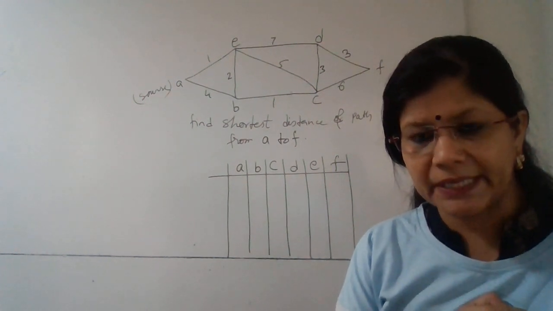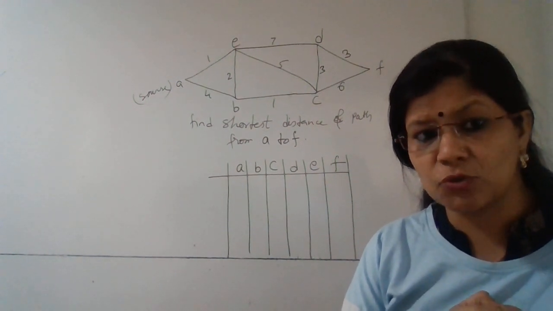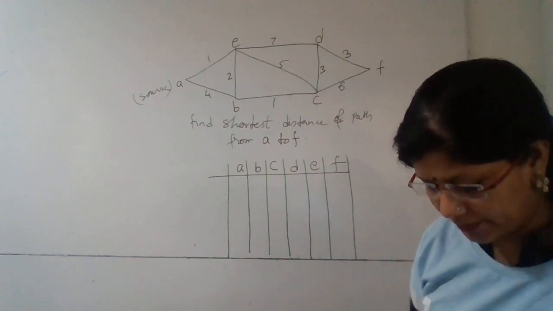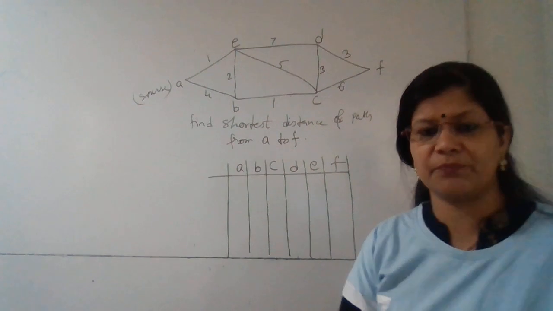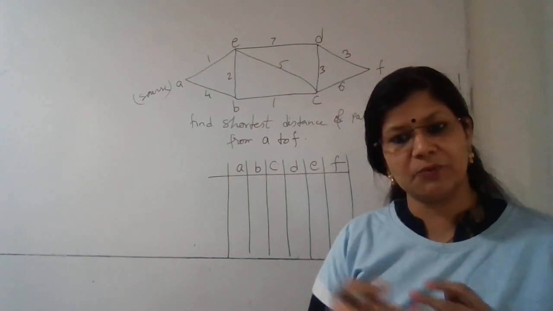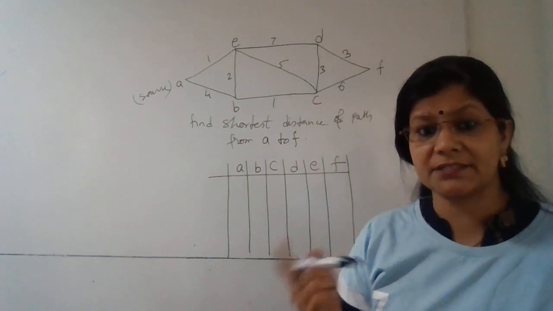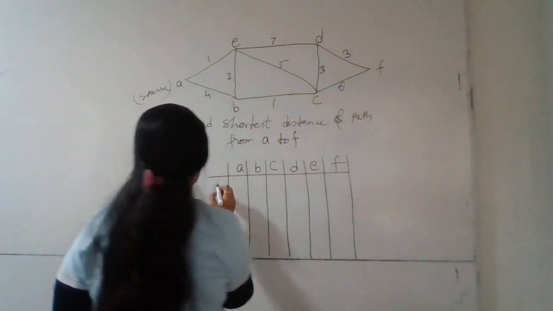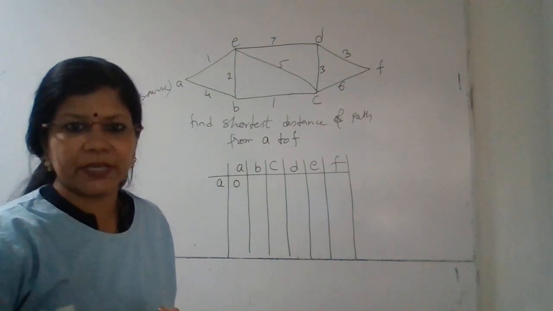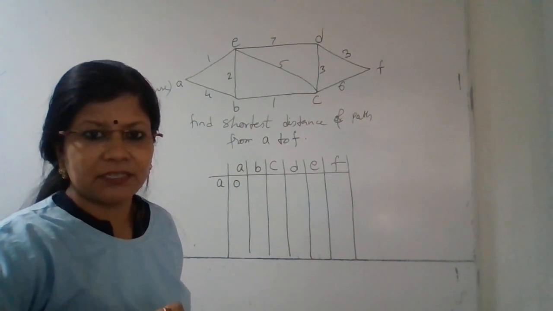Start moving from A, because A is the source vertex. That means A is the initial point. So always move from A. If we move A to A, then the distance is 0.